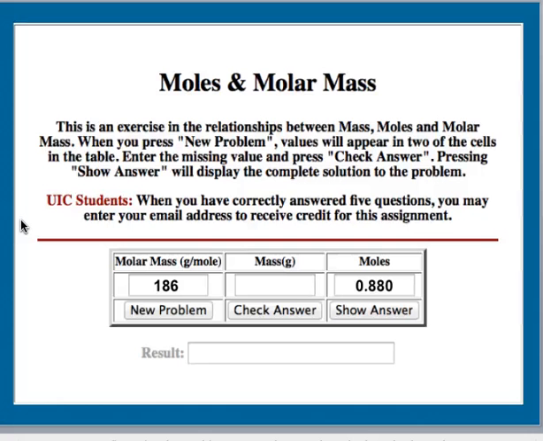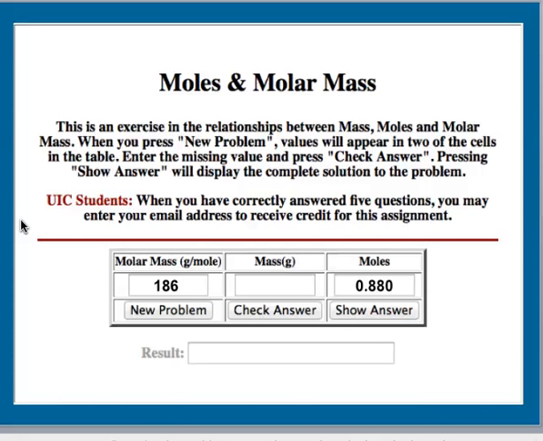When you write it, you do 3 significant digits. This is all you have to remember: mass divided by moles is molar mass.